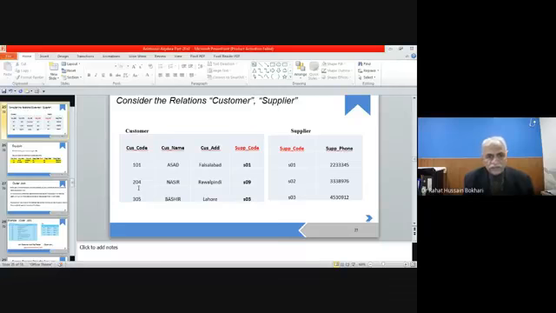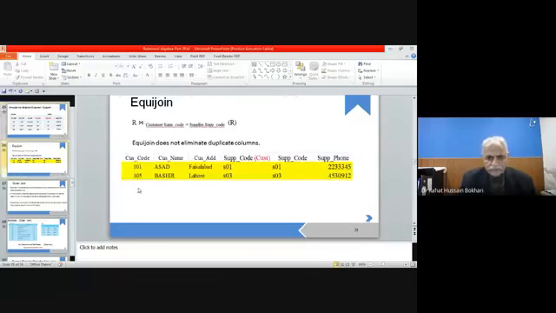In the first row, 101, the supplier code of the customer table equals the supplier code of the supplier table. And in the third row, you have observed that there is S03 and S03. So this also matches. So in the resultant table of the equijoin, we may get two rows.